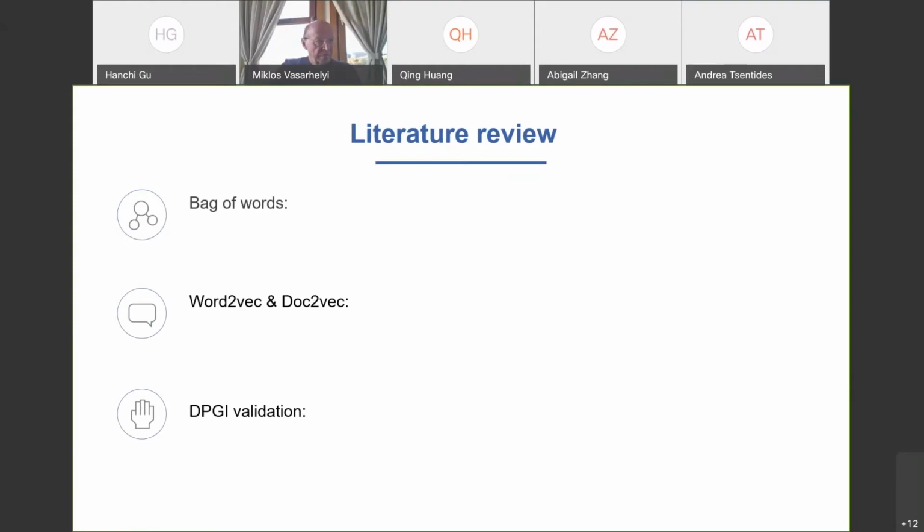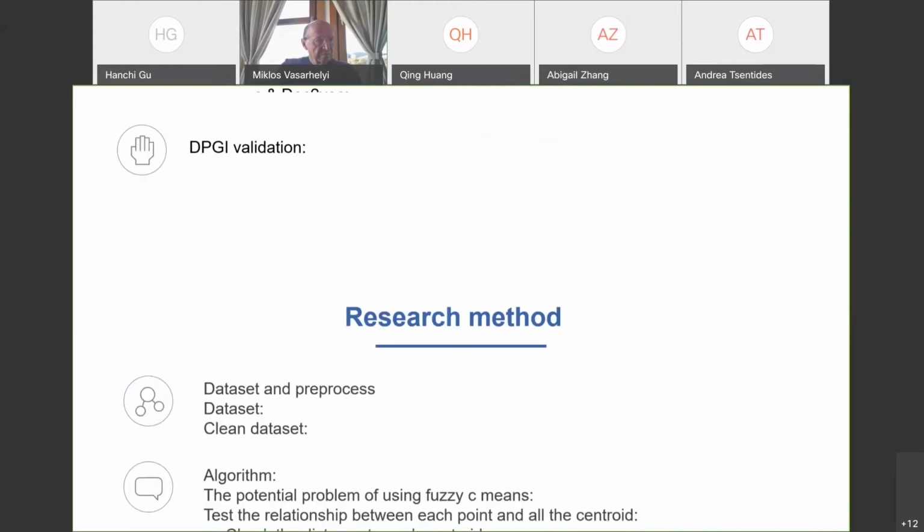Doc2vec gives a numeric vector for different documents, so we can study the relationship between different documents. And in the existing GPGI validation, they use a web-based survey, and I think I can still use it, but with some modification. I'll talk about it later.